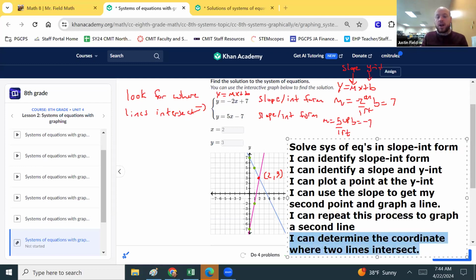So I wonder if you notice that these success criteria we already did. 1, 2, 3, 4. All four of those we did in the fall. You have them somewhere in your notes already. But we're rewriting them for this process. And even this just says repeat. So that's still part of that. The only new learning right here is, can you tell me where two lines cross? I think that you could tell me where two lines cross.